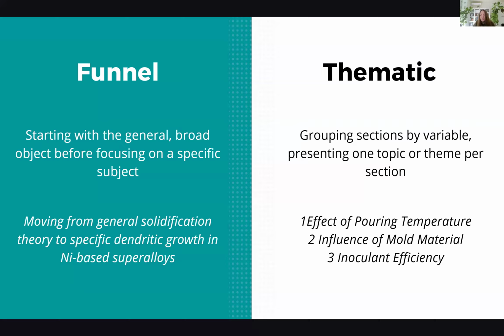The second one would be influence of mold material. And the third one, inoculant efficiency. So as you see, each section is devoted to a new topic within your research study. So these are your two options. You can try to mix them, but generally it's a good idea to choose one or the other.